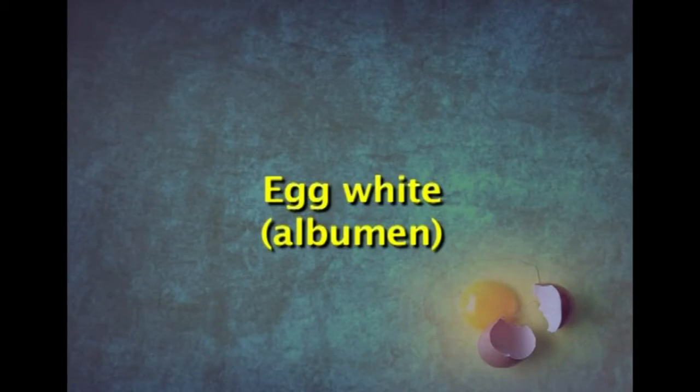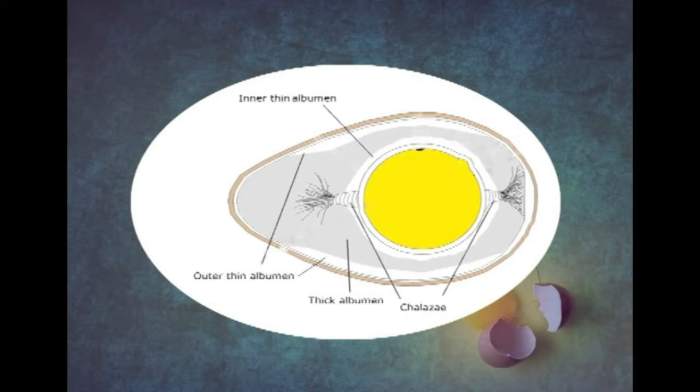Now, egg white or albumin consists namely of four layers. First, the chalaziferous or the inner thick white, then the inner thin white or albumin, then outer thick or firm or dense albumin and outer thin albumin.